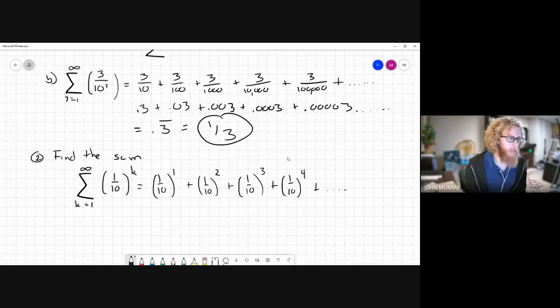So this is going to get me 0.1 plus 0.01 plus 0.001. So similar to last time. This is going to get us 0.111111111 repeating.